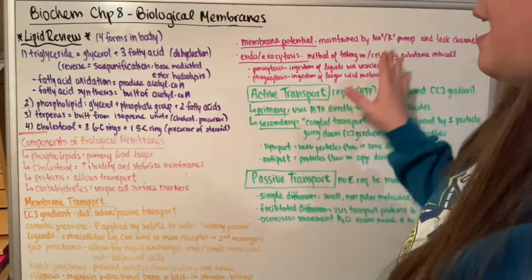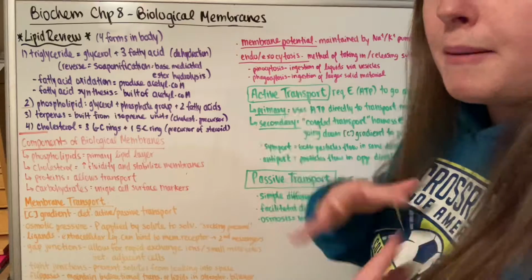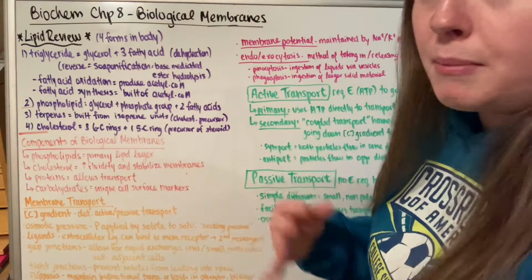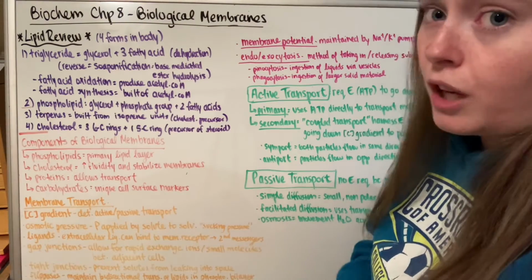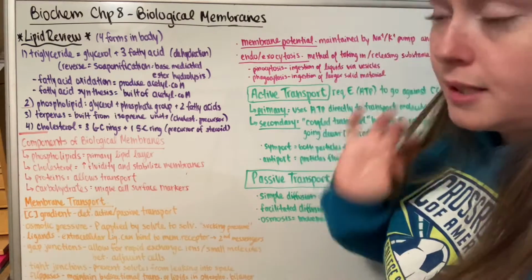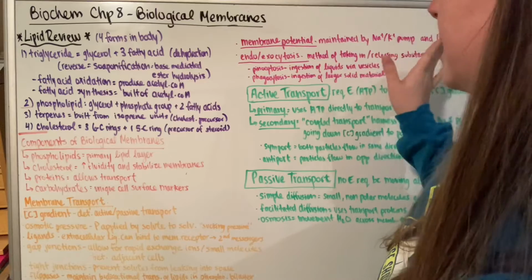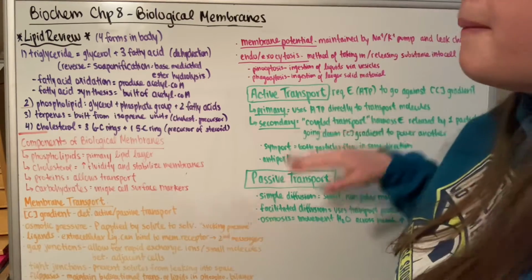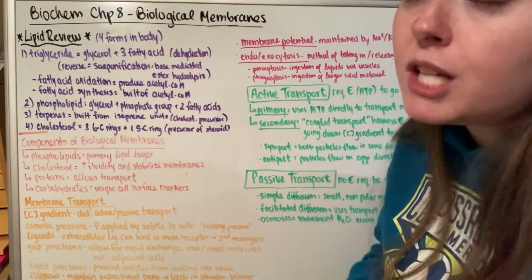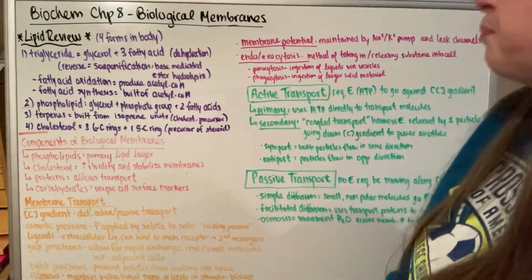We look at how action potentials and that resting membrane potential is maintained. So definitely look at the chapter 4 video for that nervous system. But just to note there, because we are talking about the membrane, membrane potential is maintained by the sodium potassium pump and leak channels, and resting membrane potential is approximately -70 millivolts.